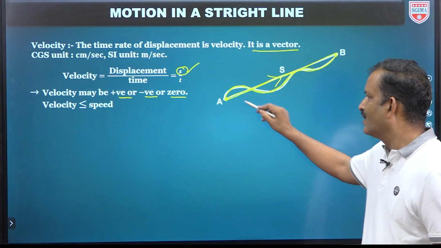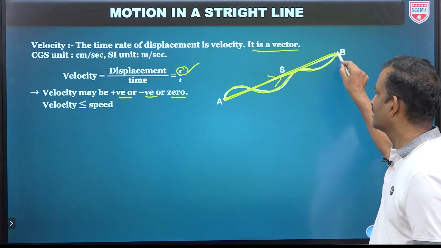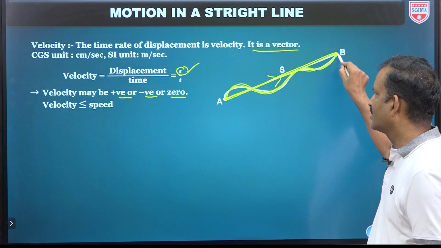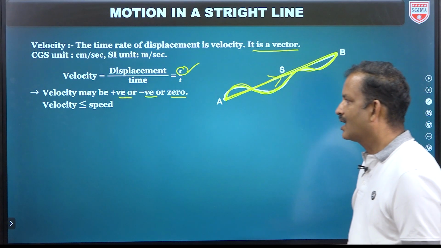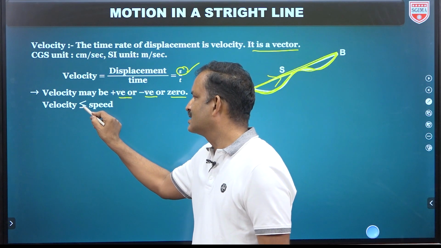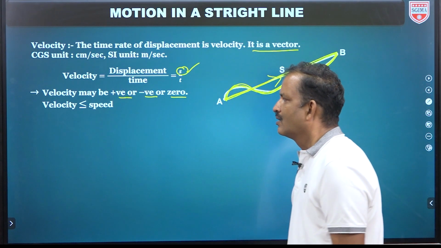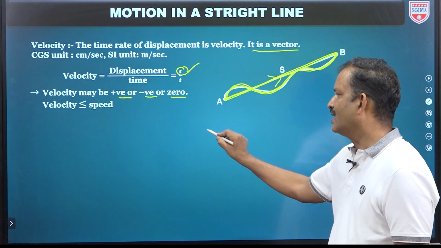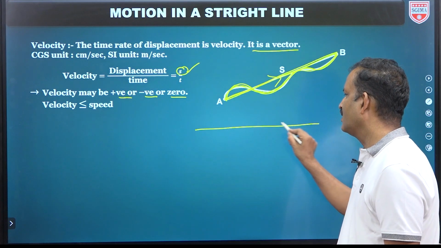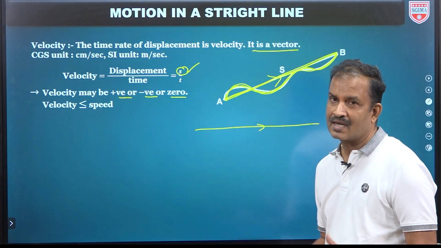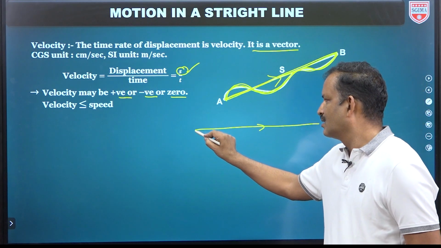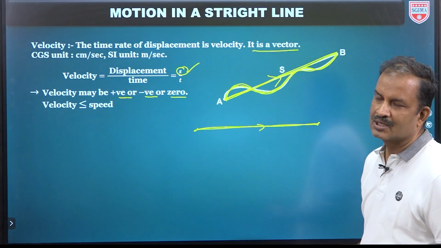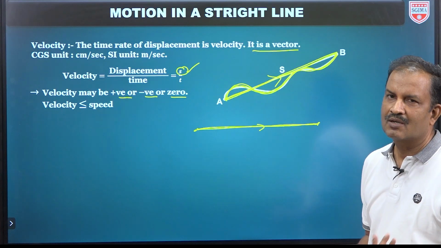So velocity is less than or equal to speed. When the body travels in a straight line, displacement is the distance, so velocity is equal to speed.